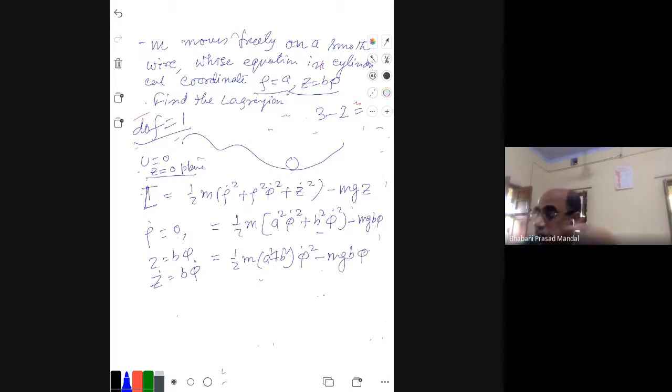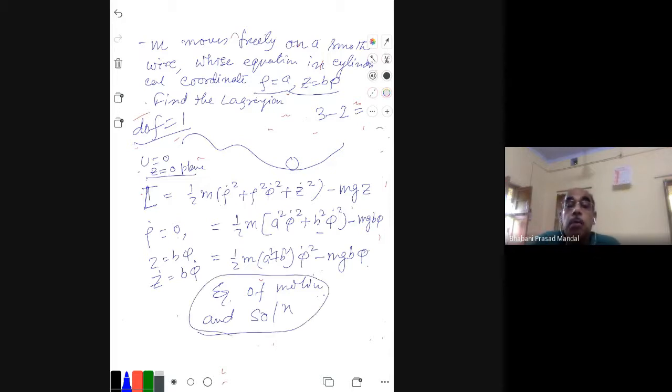And this is a very simple Lagrangian. Not only that, you can find the solution also. You can find the equation of motion and the solution. I'm not going to do it. It's a very simple equation. So find both the Euler-Lagrange equation of motion and the solution.